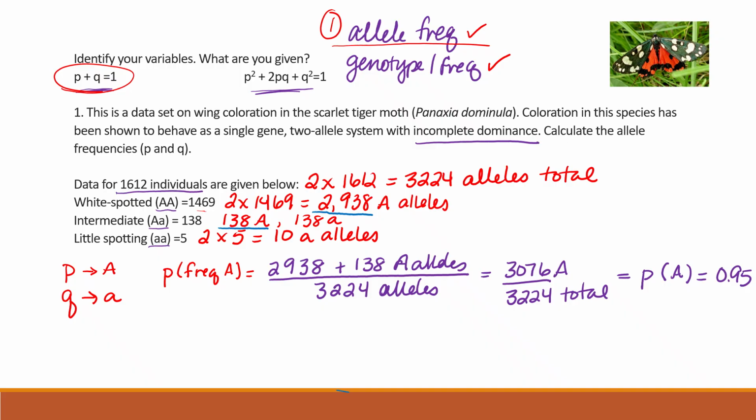We can calculate the Q allele one of two ways. The first way that I'm going to do that is by calculating it directly. So Q is the frequency of little a. I'm going to have to shift down just a little bit.